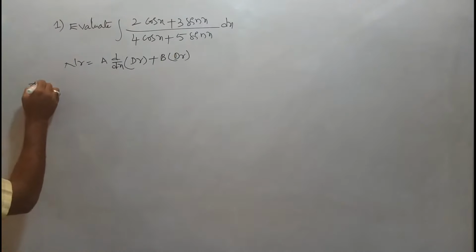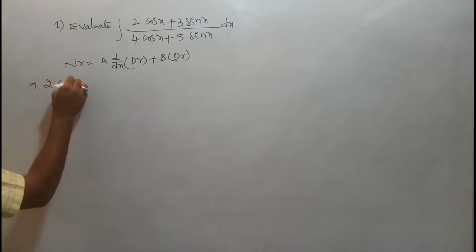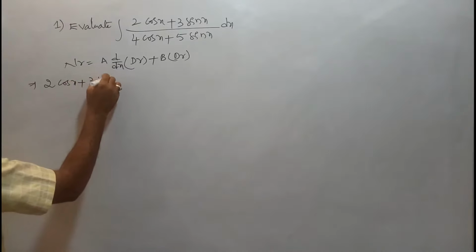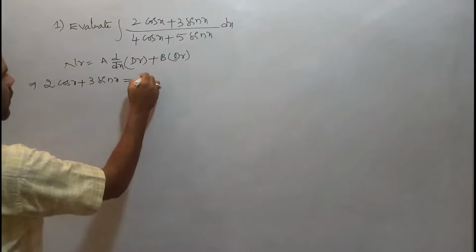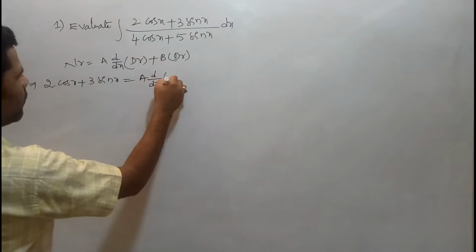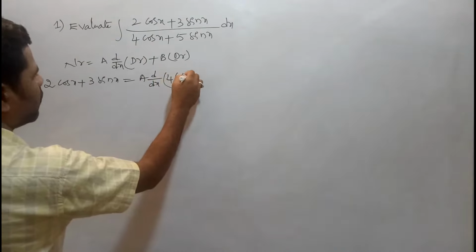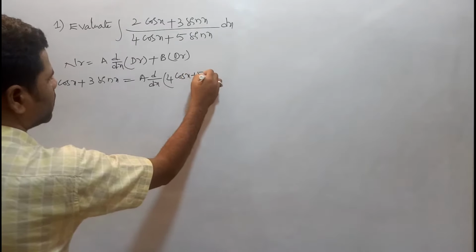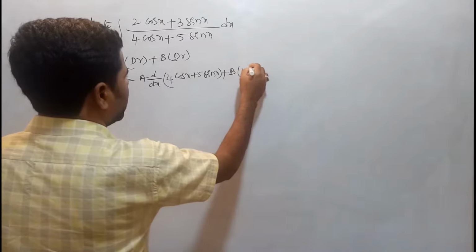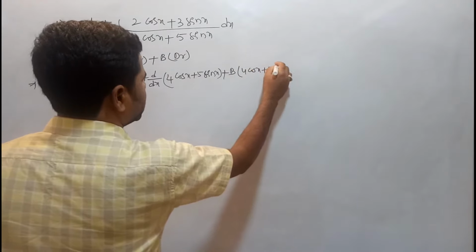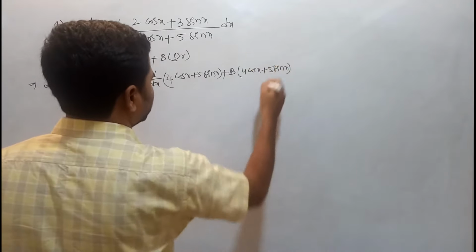So 2 cos x plus 3 sin x is equal to a d by dx of (4 cos x plus 5 sin x) plus b of (4 cos x plus 5 sin x).